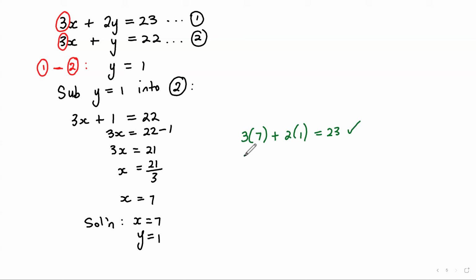And then in the second one, 3 times 7 again, plus 1, which is y. So 3 times 7 is 21, plus 1 is 22. And therefore, my solution is correct. At this point, guys, we're going to pause for a little while. I'm going to give you all some to try.